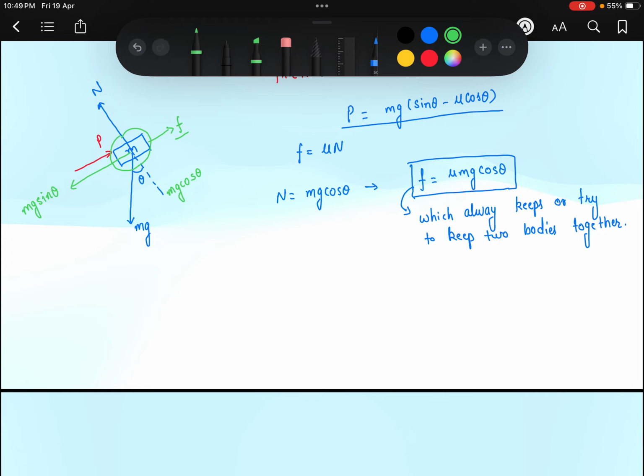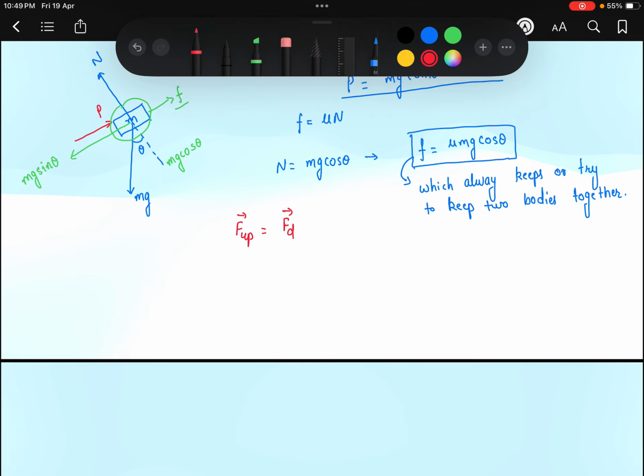So in this case we can write the net force in upward direction will be equal to net force in downward direction. That will be equal to mg sine theta will be equal to this force applied P plus this frictional force. So that will be mg sine theta is equal to, what is the value of P?